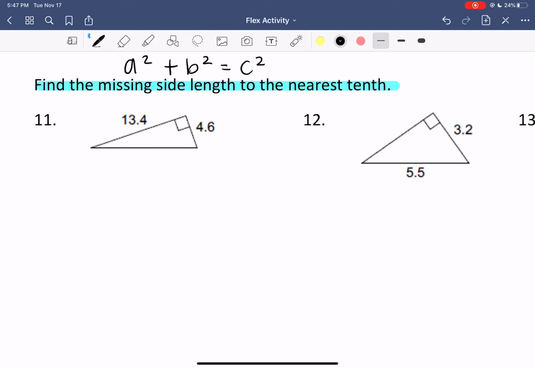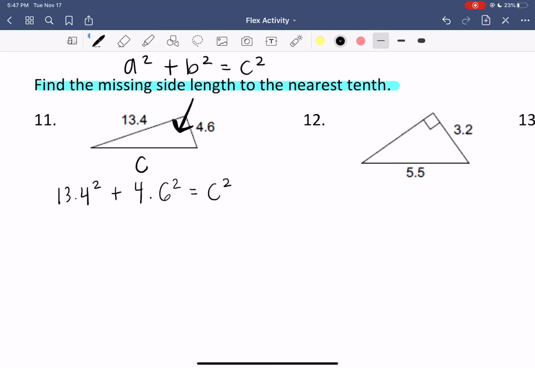As we look at this, we have to make sure we're identifying the correct missing side. We have our right angle, which is always pointing to C. With this one, we're going to take 13.4 squared plus 4.6 squared equals C squared.